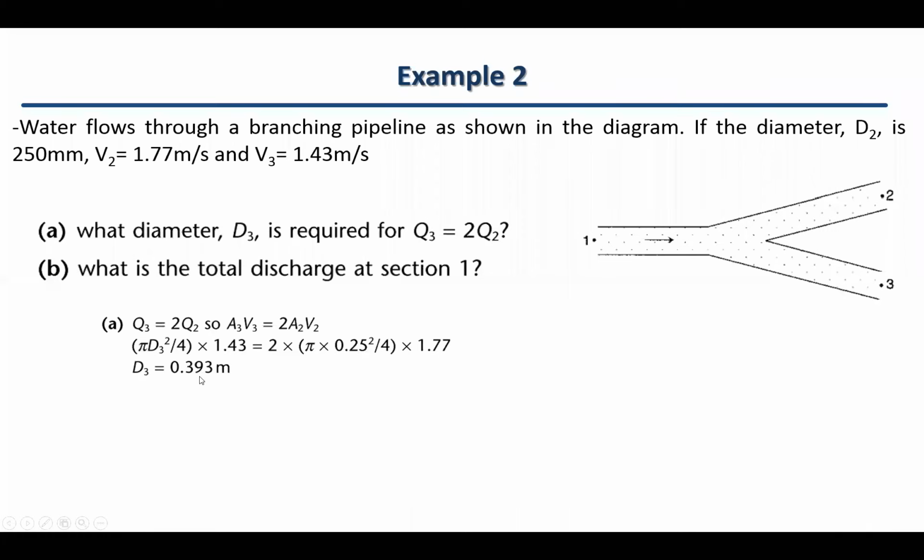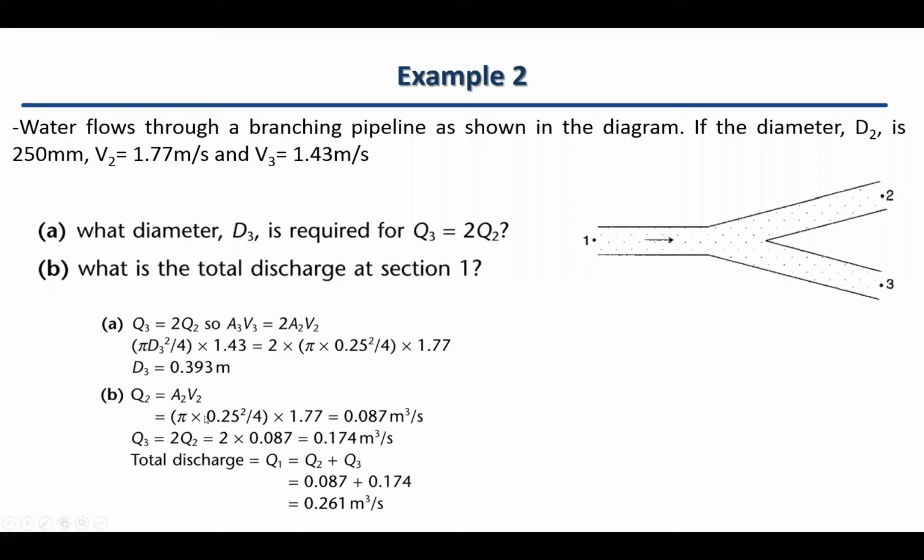By solving these equations, D3 is calculated as 0.393 meters. Very simple. For section B, we need to calculate Q2 and Q3. Q2 is pi times 0.25 squared over 4 times V2, where V2 is given as 1.77, and Q2 is equal to 0.07887 cubic meters per second.